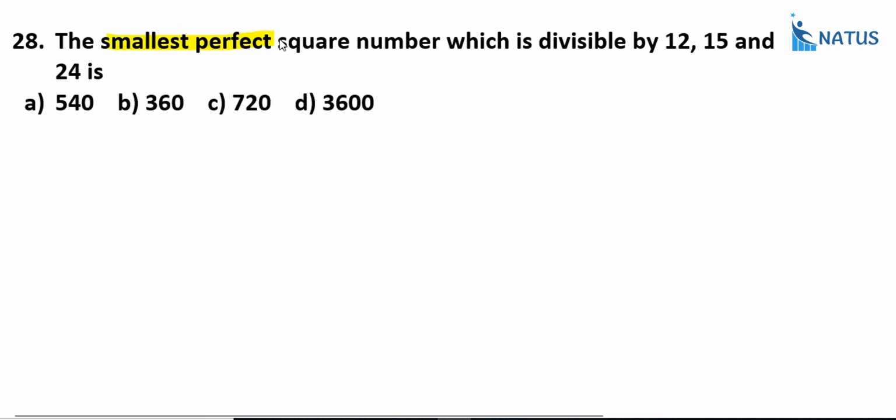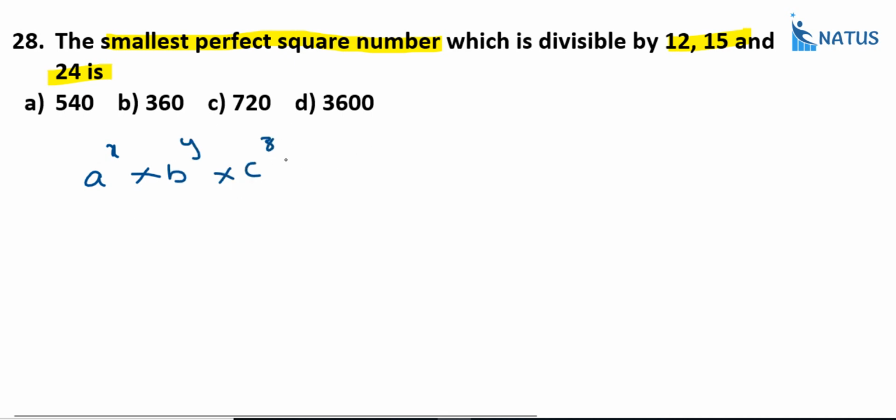The smallest perfect square number which is divisible by 12, 15 and 24. Suppose any number x is a perfect square, how will you find it? First you convert that x into a product of prime factors. The base must be a prime number and the power must be an even number. Then only that number is a perfect square. Let us take an example: a power x into b power y into c power z.